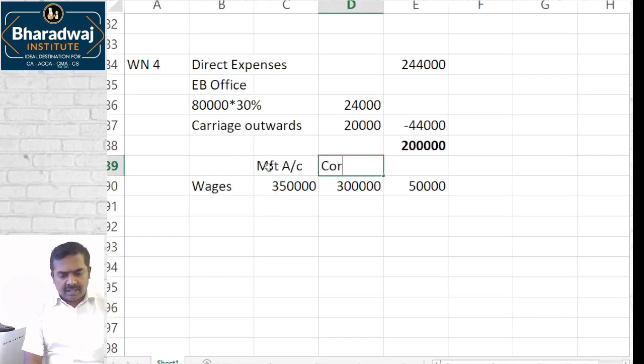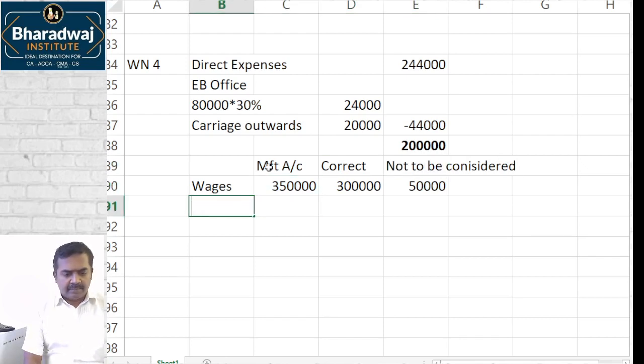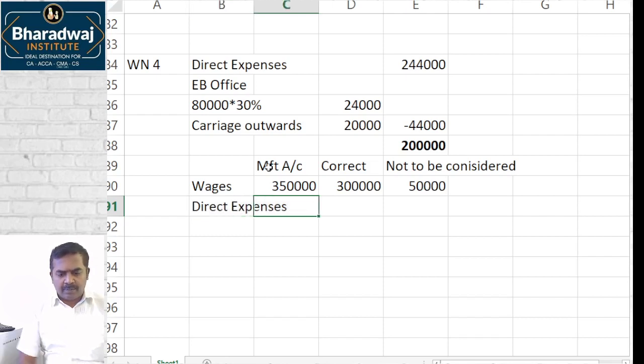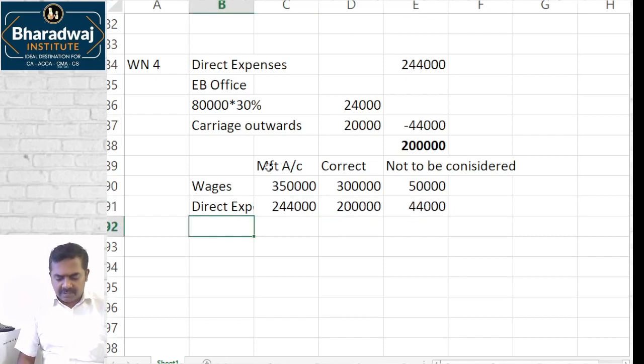The correct amount is 2 lakhs only, so 44,000 is not to be considered.